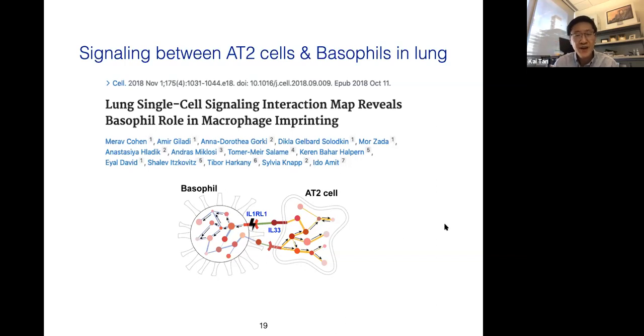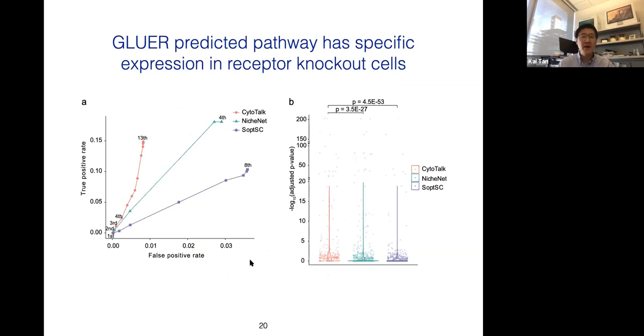profiling. So we took advantage of that data set, and then we asked, among the predicted pathway genes, how many of those are differentially expressed? Because our rationale is if the pathway gene is true, then we would expect differential expression if you knock out the receptor gene.